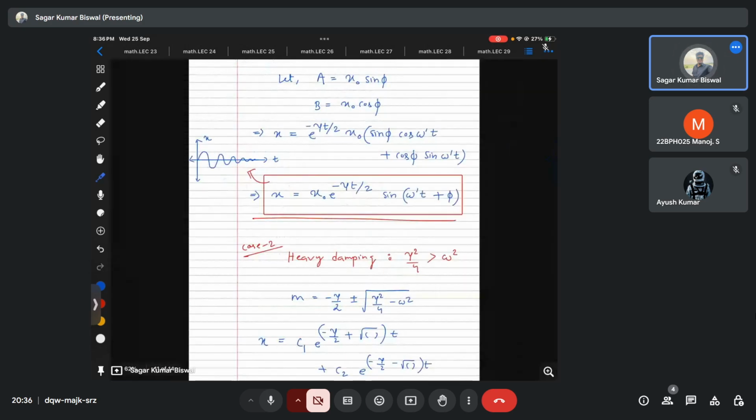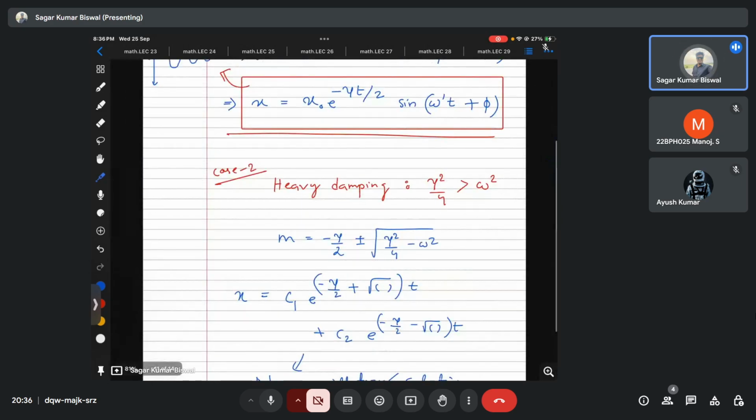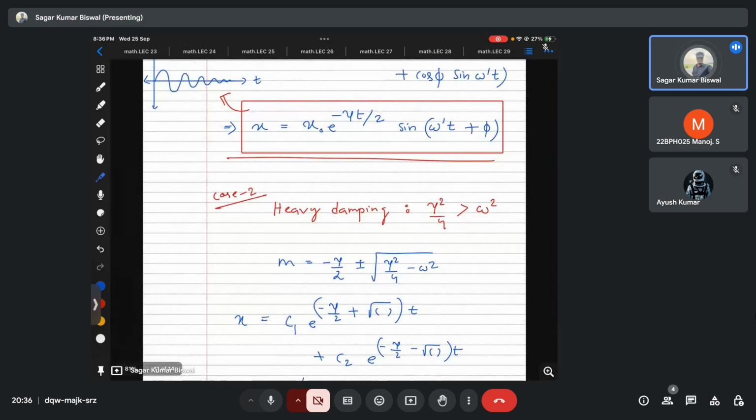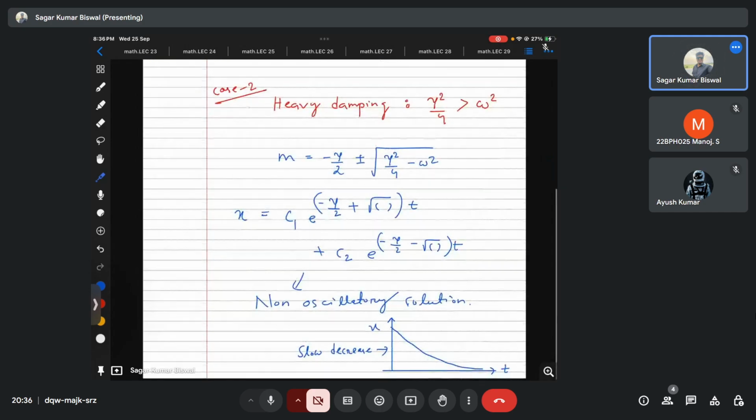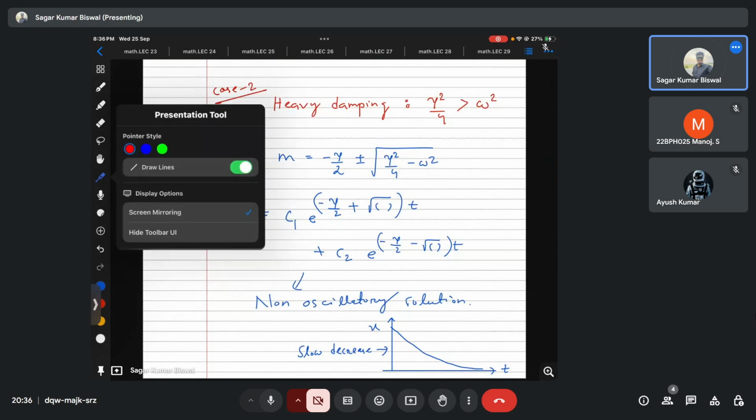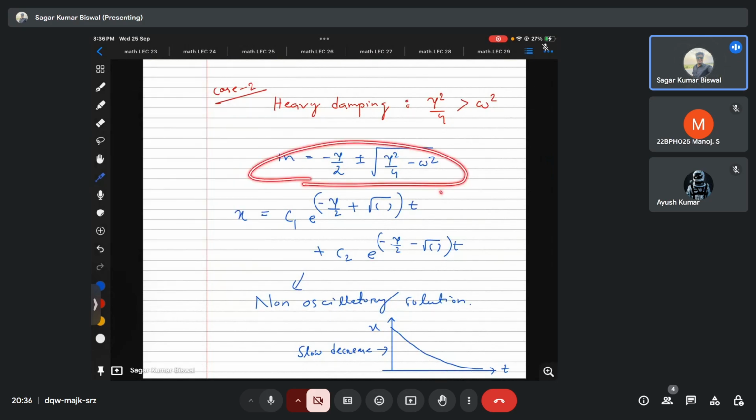Now let's discuss heavy damping. When this gamma is much greater than omega square, that means the damping force is much greater than the spring force. What will happen? So here, this will be the case. And these roots, what are these roots?